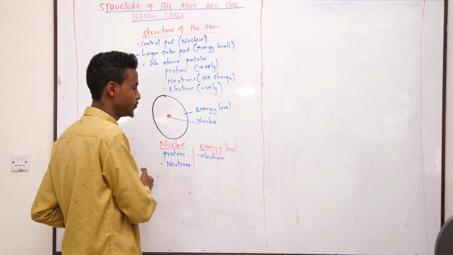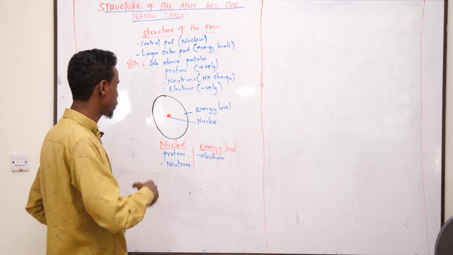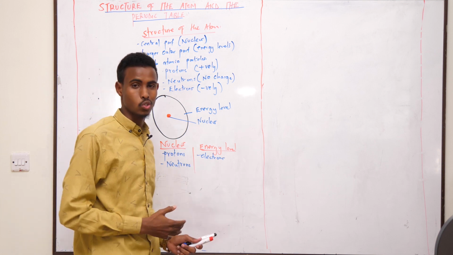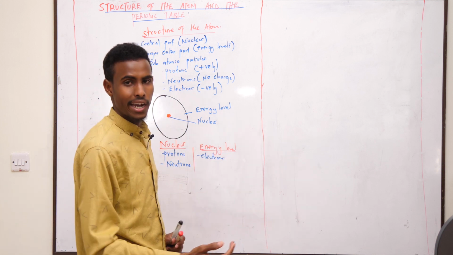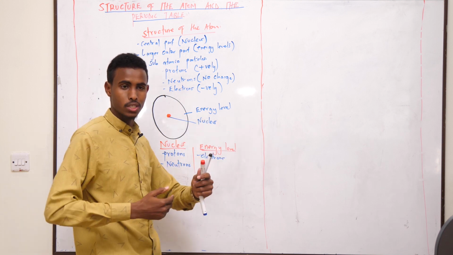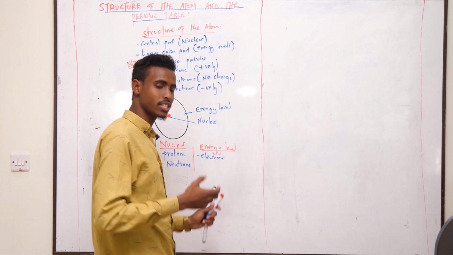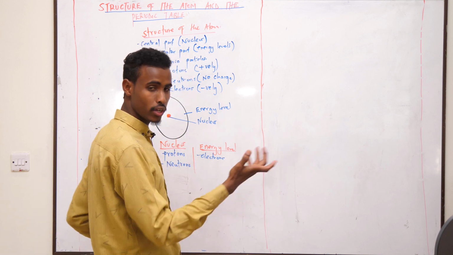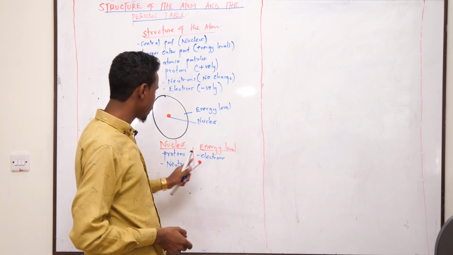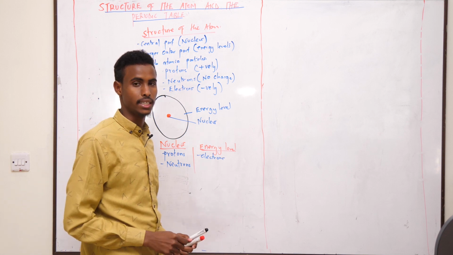If 11 positive and 11 negative are added, we have zero. That is why it is said to be electrically neutral, simply because the number of protons equals the number of electrons. Having in mind that these two subatomic particles possess different charges, protons positive and electrons negative, and their number is equal, that tells us why an atom is said to be electrically neutral.